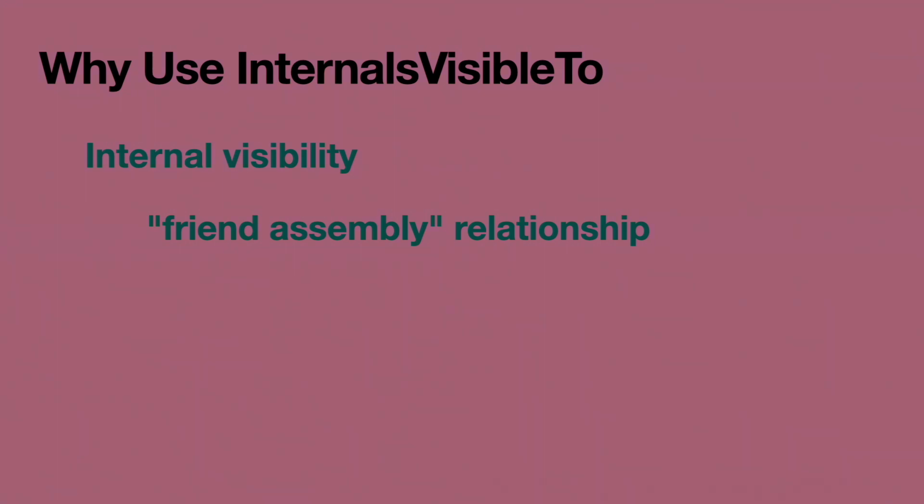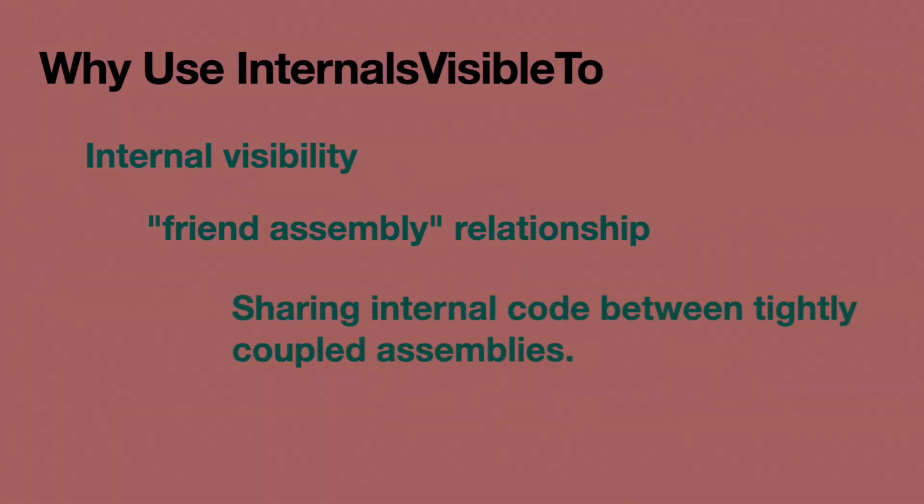Internal members are accessible only within the same assembly, but using the friend assembly relationship, one assembly can access internal members of a different assembly. InternalsVisibleTo enables another assembly to access internal members, creating a friend assembly relationship.